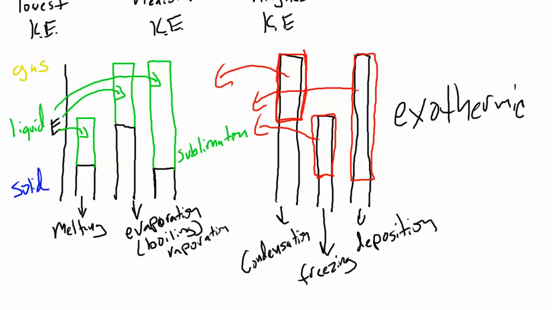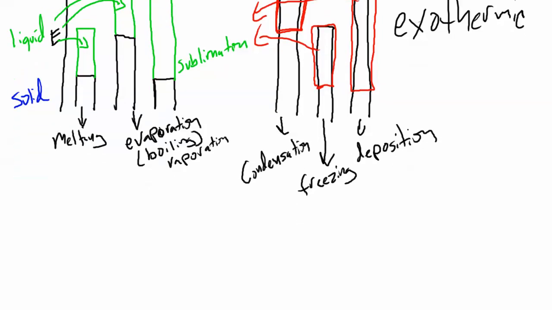Before I end the video, for those of you who like to think of things in different ways, you can kind of think of them like this too. If you imagine the states, gas way up here, right? And then liquid down a little bit. And then solid down here.